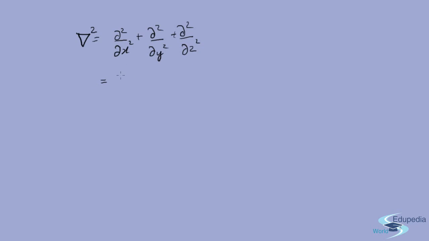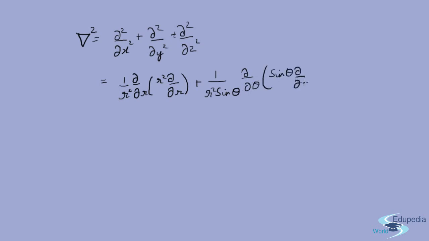So the Laplacian in spherical coordinates is written as 1 by r squared, it has to be in terms of r, theta and phi, del by del r of r squared del by del r, plus 1 by r squared sine theta del by del theta of sine theta del by del theta, plus 1 by r squared sine squared theta del squared by del phi squared.